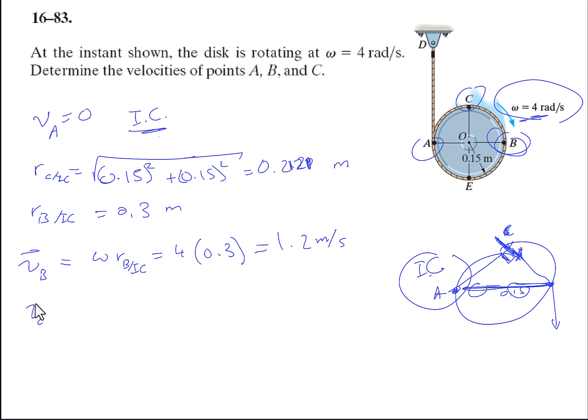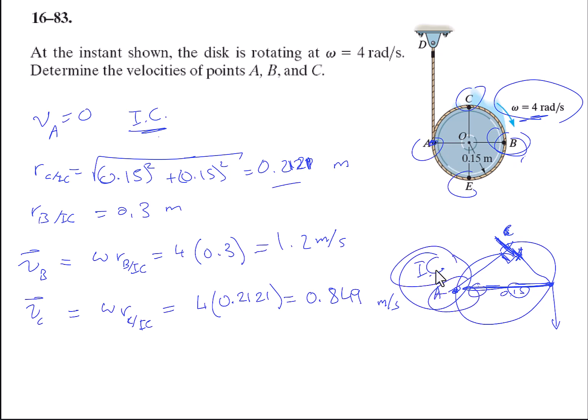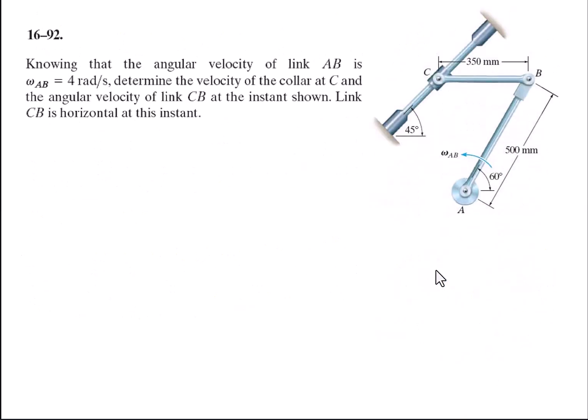On the other hand, the velocity of point C is omega times the relative position of C with respect to the instantaneous center, 4 times 0.2121, which is 0.849 meters per second. So you just make up these velocities accordingly. The important thing to notice is that this is the instantaneous center of zero velocity.